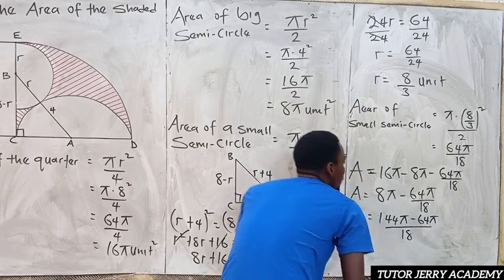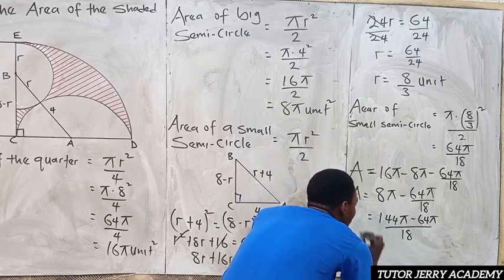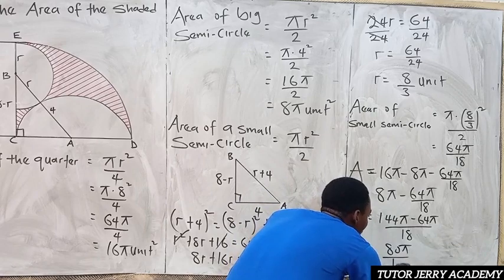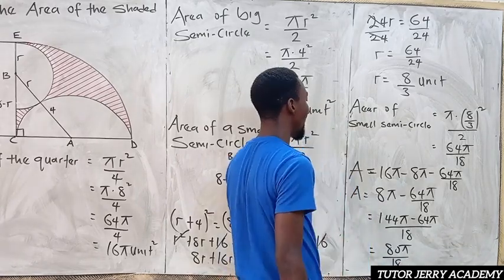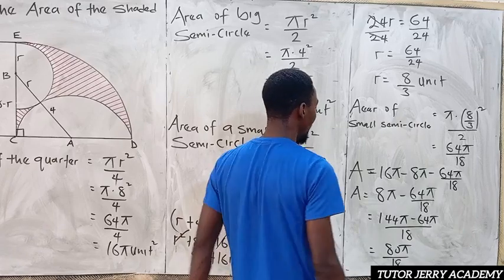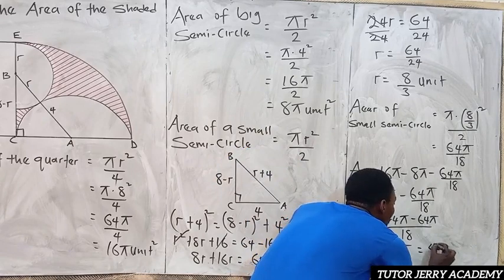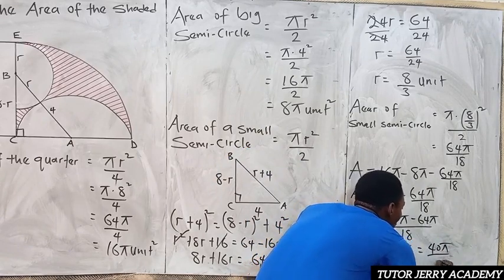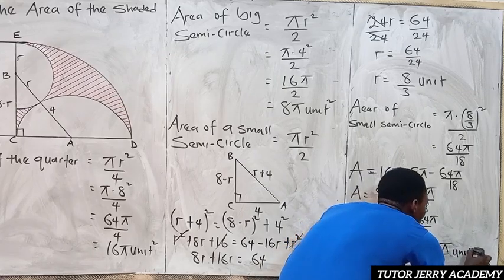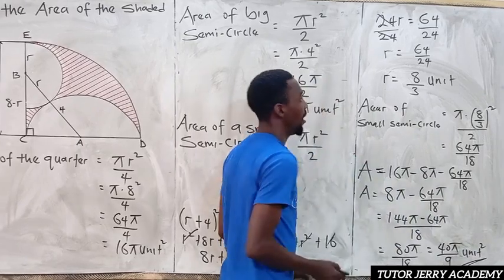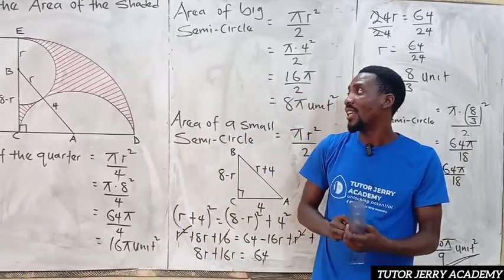So this is going to give us what? This is going to give us 80 pi all over what? 18. So you can leave your answer like this, but you can decide to take it down. So if I divide both sides by 2, I'm going to have this to be equals to 40 pi all over what? 9 units squared. So this is the answer to the question that we are asked.